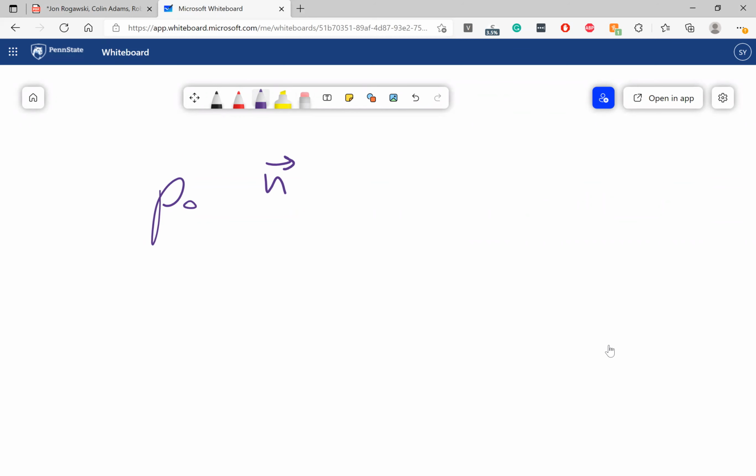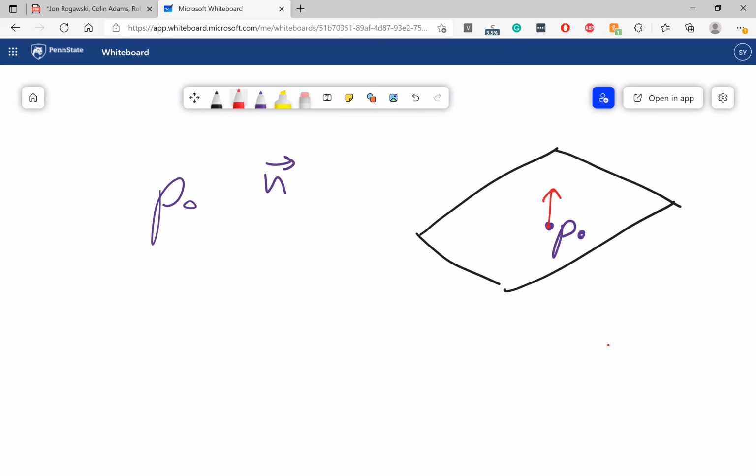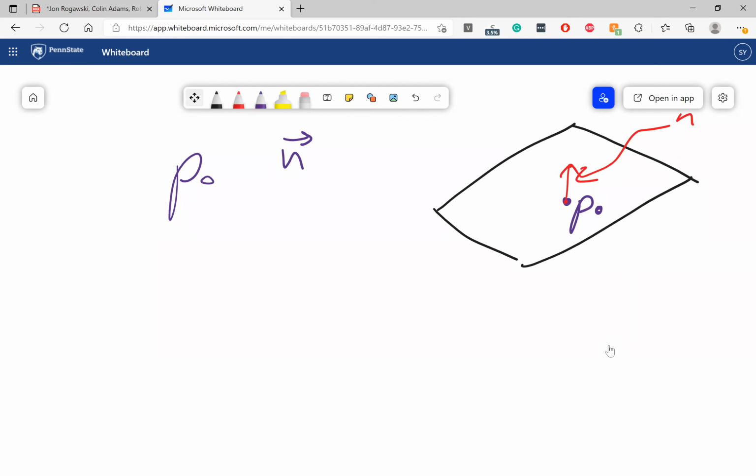And so then we can draw our plane like this. Here's our plane. And this would be the point P0. And this would be the normal vector to the plane. So that's the vector n. And we saw that the equation for a plane is written as ax plus by plus cz is equal to d.